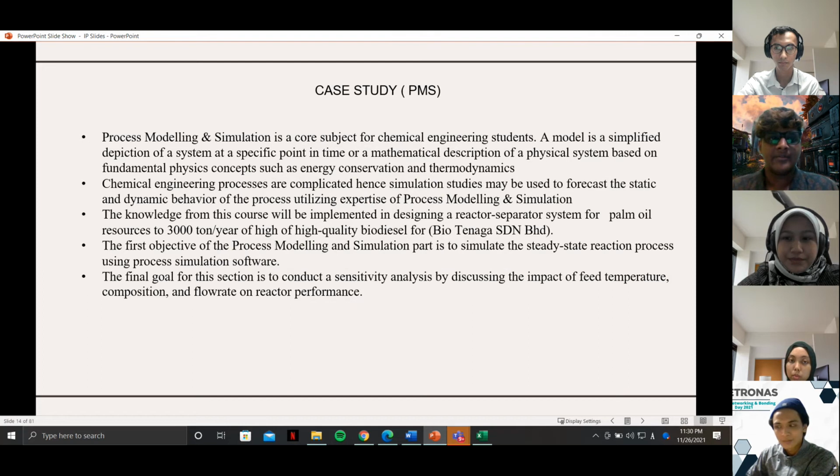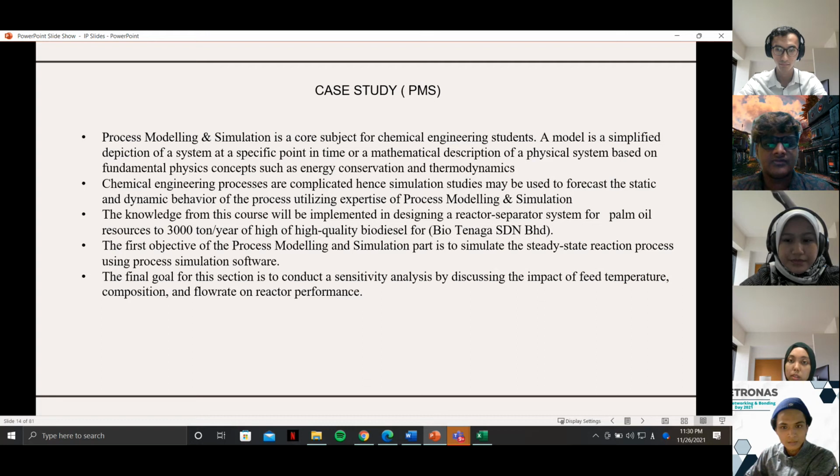Okay, case study for PMS. PMS is a core subject for chemical engineering students. A model is a simplified description of a system at a specific point in time, a mathematical description of a physical system based on fundamental physics. Chemical engineering processes are complicated, hence simulation studies may be used to forecast the static and dynamic behavior of processes.